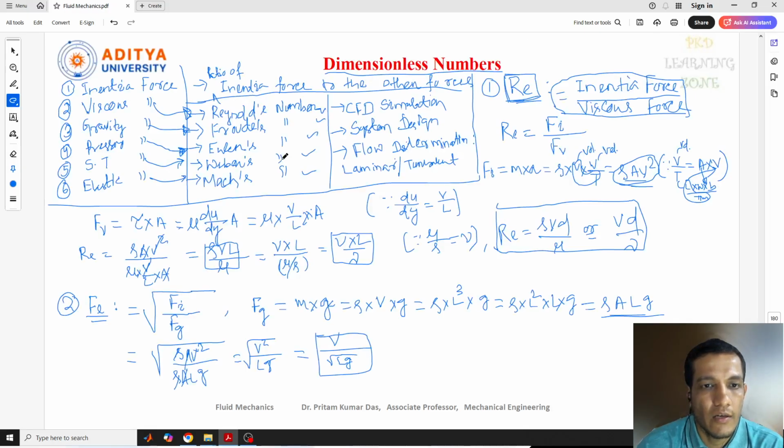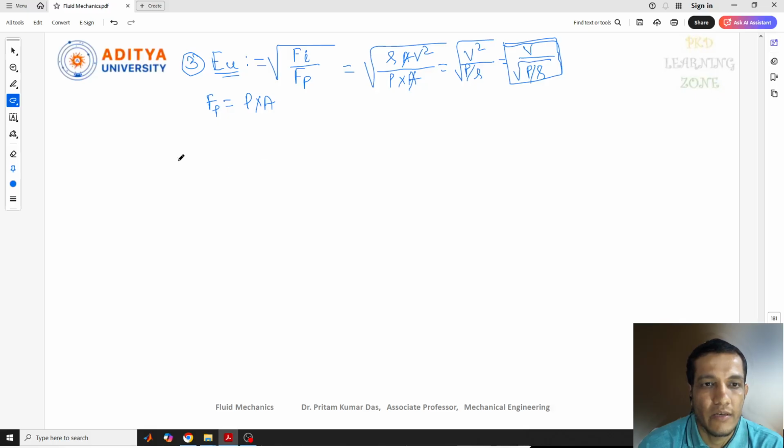Next is what? Weber number. As per the definition, it is very, very simple. This Weber number I'll indicate by WE. The denotation, or how to identify it, is very simple: Weber number WE, Euler number EU. So the short form we can write like this.